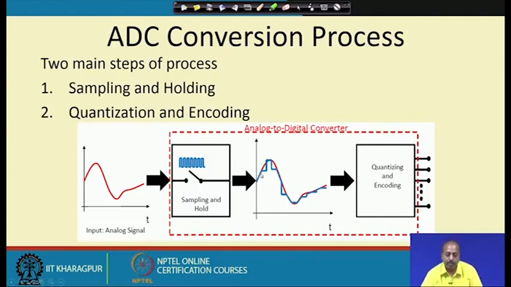If the red line is the analog signal, then depending upon the pulse that we are getting, maybe during this time period the switch is closed, as a result you get this part of the output, but from this point onwards the sampling switch is open. So, you do not get any further value. Again at this point the sampling switch is closed, so again you get this part of the red signal.